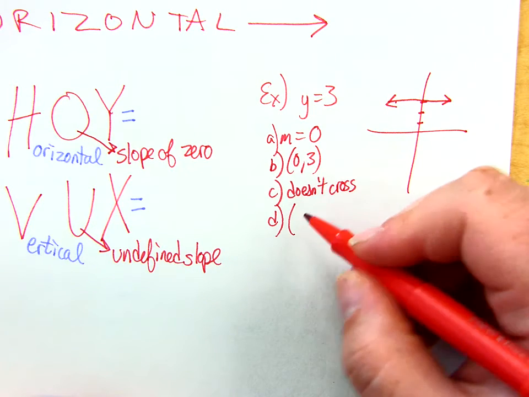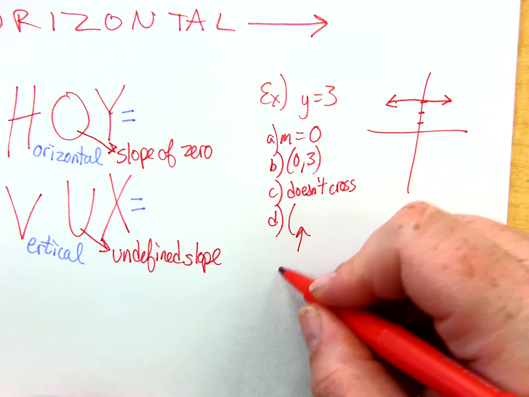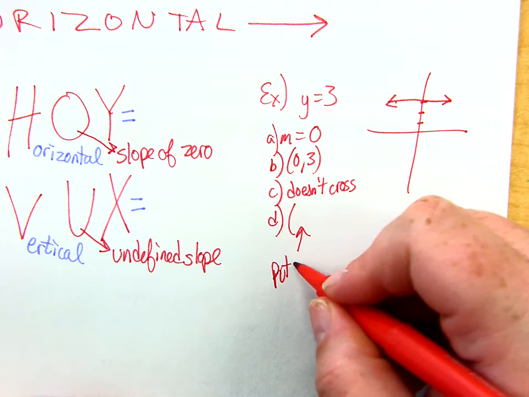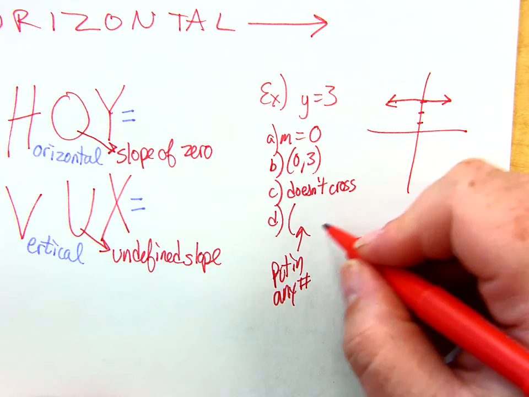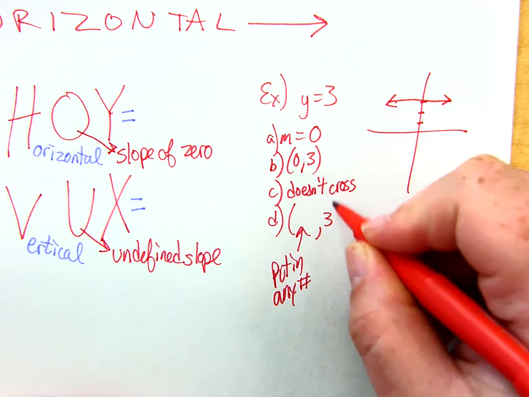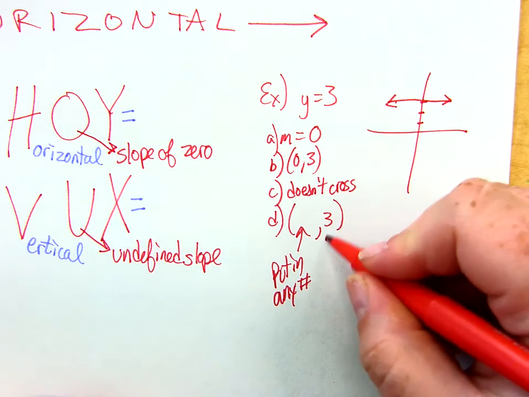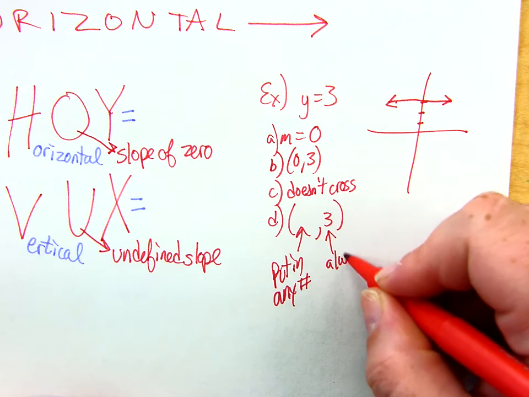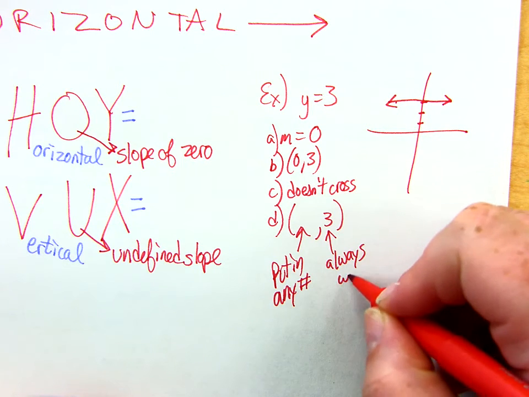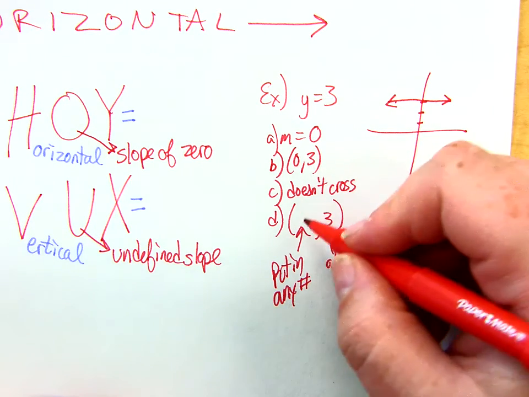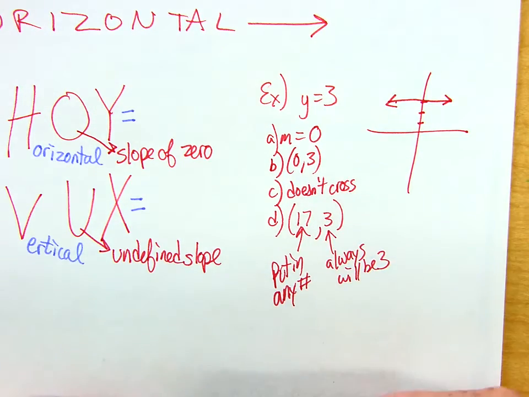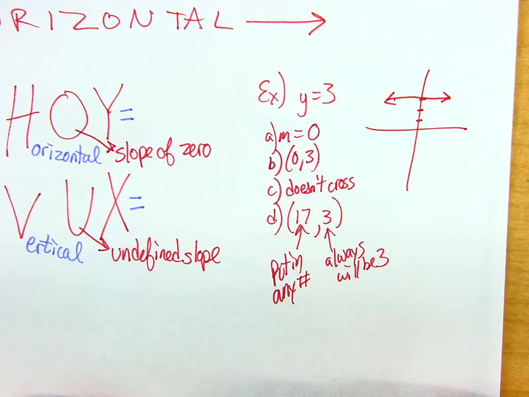So you can plug in anything for x, put in any number, and you're going to get out a 3 for y. Always will be 3. So, I don't know, 17. Any number you want.